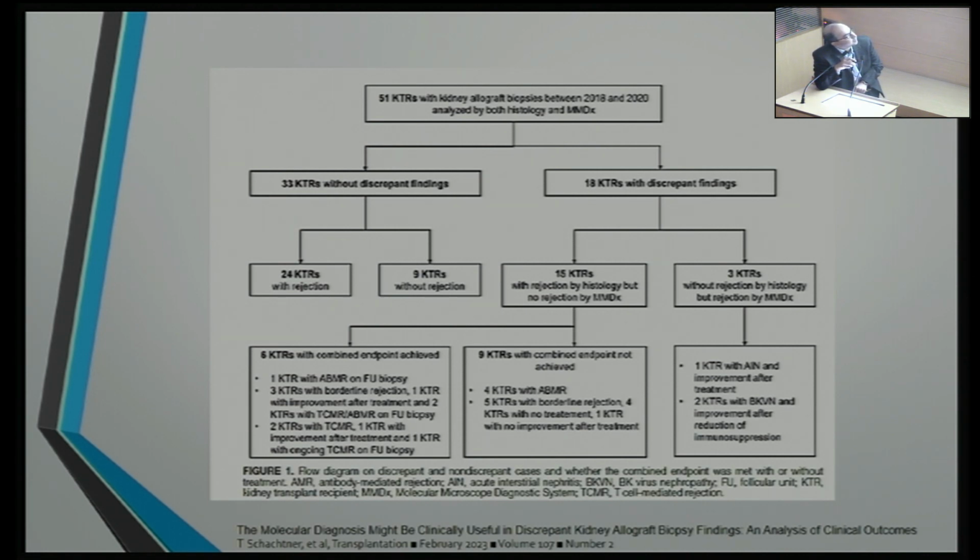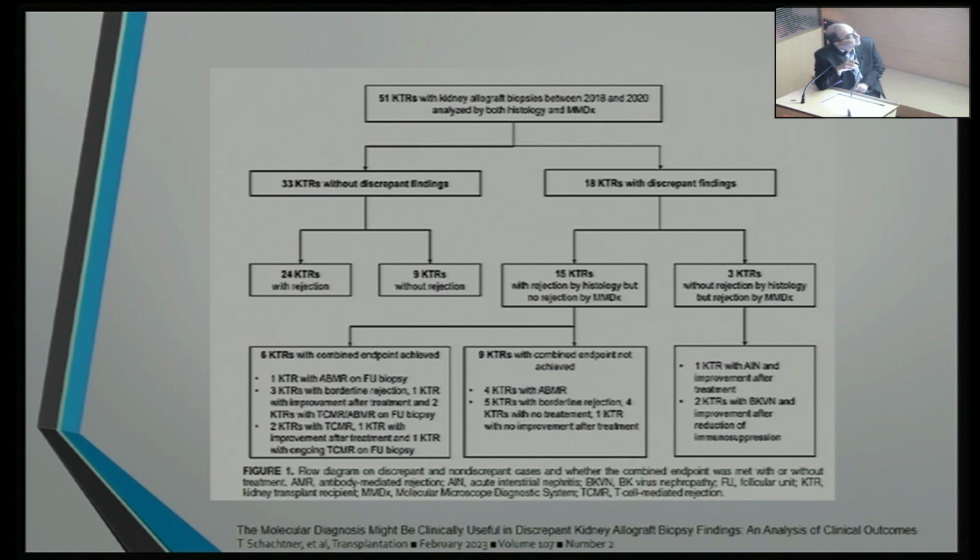Among the discrepant findings, 15 were cases where there was rejection by histology but no rejection by this MMDA. In 3, there was no rejection by histology but they were shown as rejection by MMDA. Of these 3, one was AIN, and two were DKD, which were given as rejection by the MMDA.